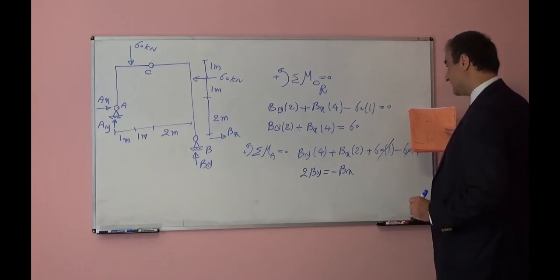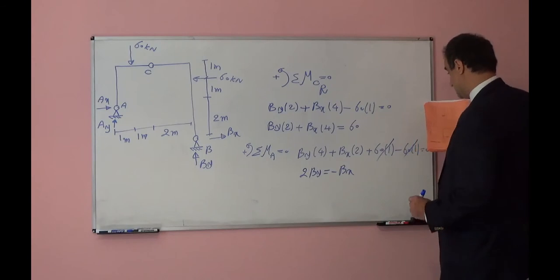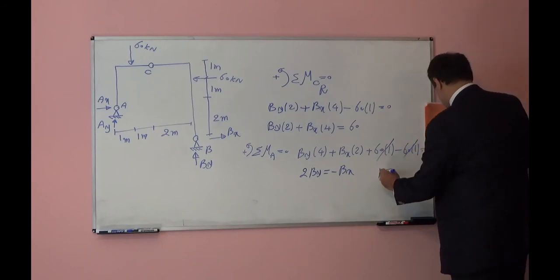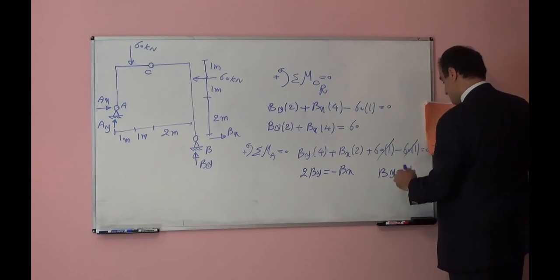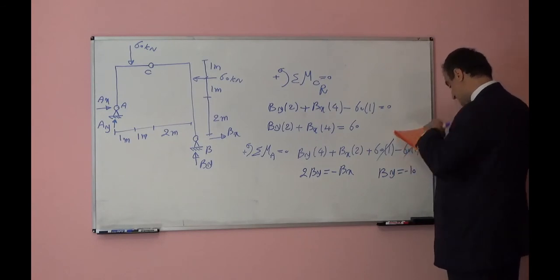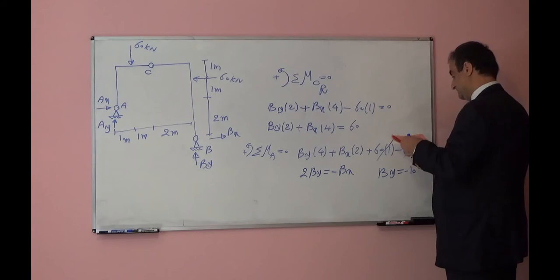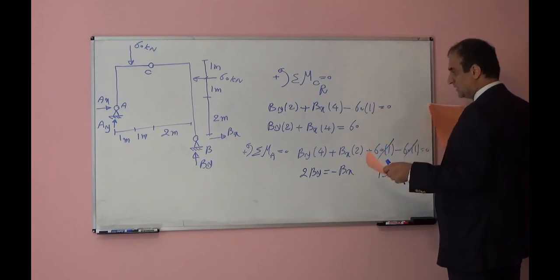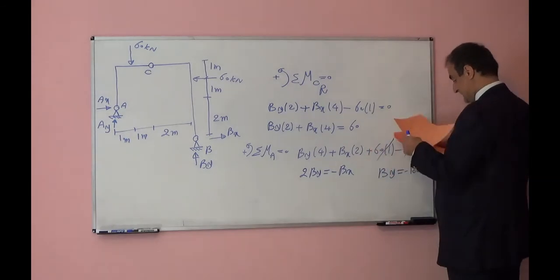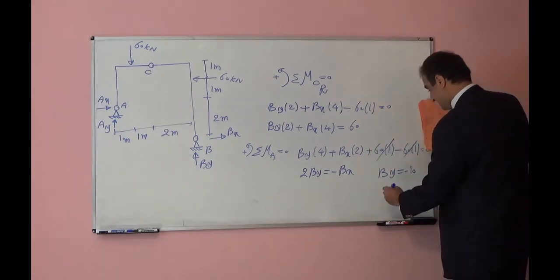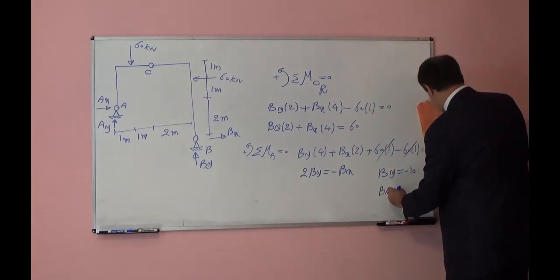By is equal to negative 10 and Bx will be positive 20.